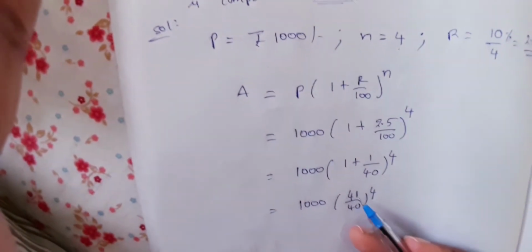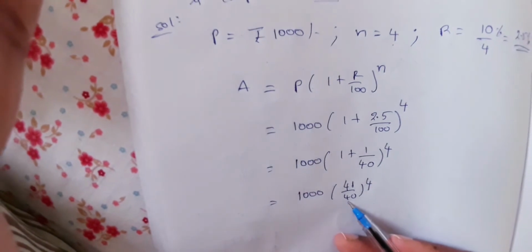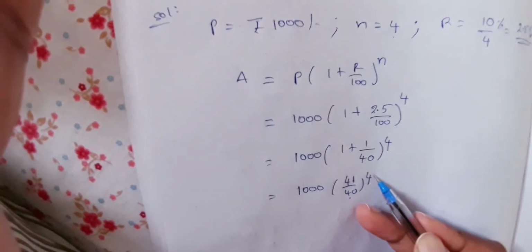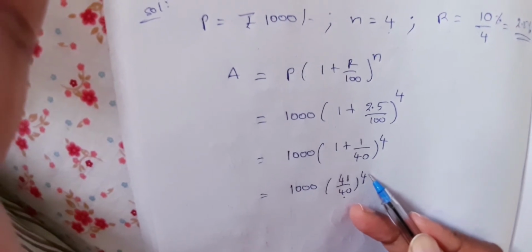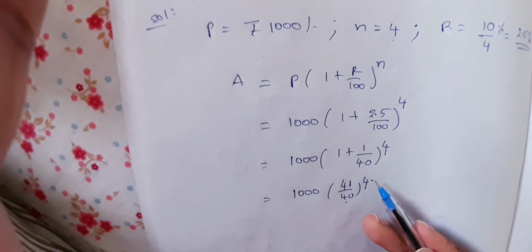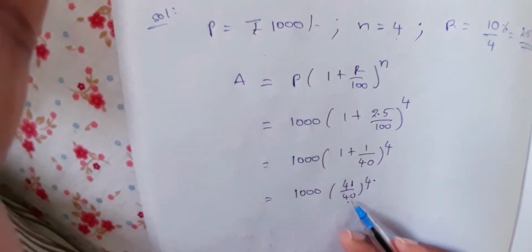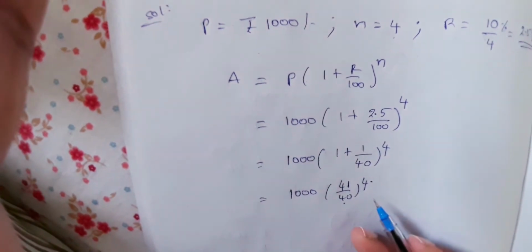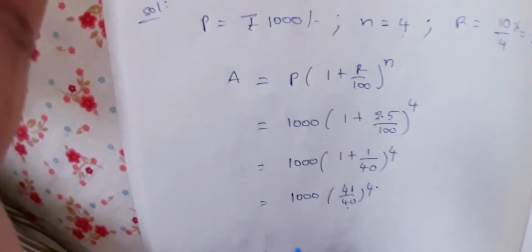It is up to you whether you will find 41 by 40, get a decimal value and then raise it to the power 4. That means 4 times you are going to multiply the same number. Or you can write 41 into 41 like 4 times, divided by 40 four times, where the 3 zeros will get cancelled and 1 by 40 cubed will be left. It's up to you how you will solve it.